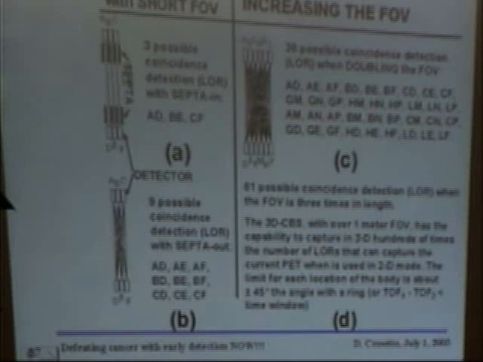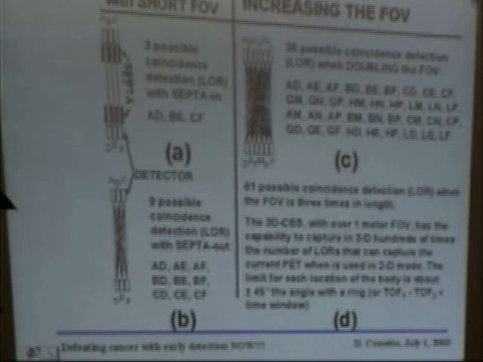And this also explains why, when I talk to some doctors, they say we don't need a long detector, we don't need a 1.5 meter detector, because the largest organ in our body is 15 centimeters. So we just need something that is 15 centimeters. The reason why they tell me that is because they think this is the only way to do it.